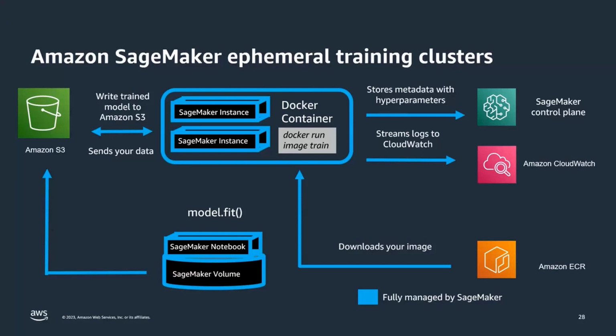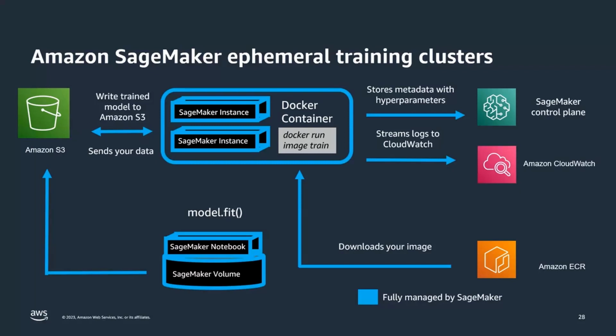Throughout the training, it will output the logs and metrics to CloudWatch, or maybe Weights and Biases. It also synchronizes my model checkpoints over to S3. And at the end of the job, it will spin down the cluster.